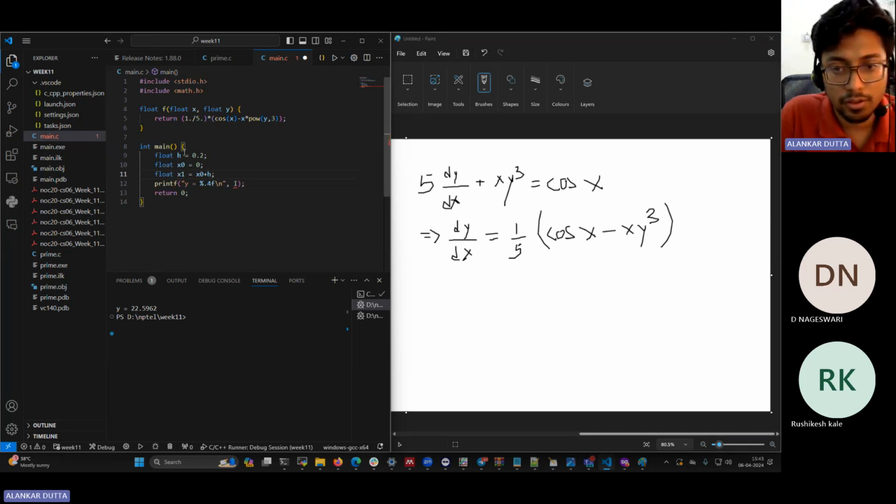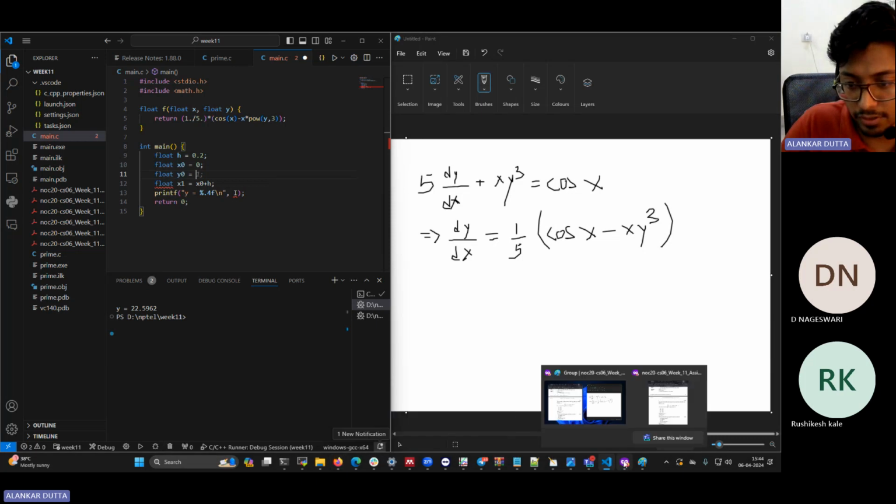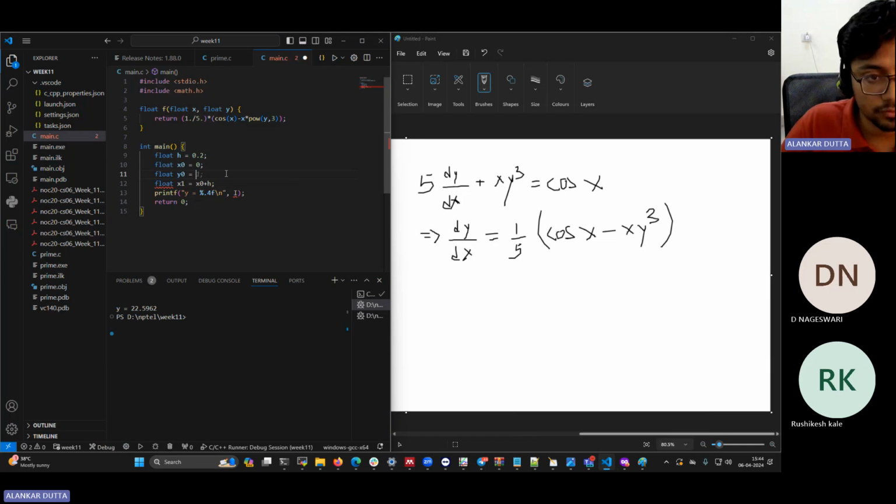So this is done, this is the place where we want to find out y. This is the initial condition, and let's see, I have forgotten again what the initial condition on y is. So it's 3. y0 is the initial condition, and now we are going to solve it.